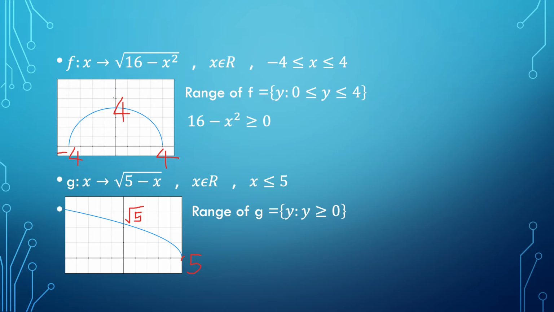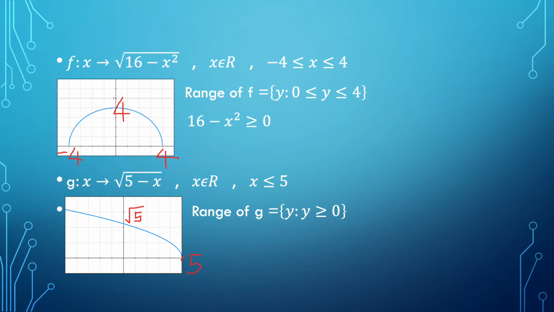The expression 16 minus x squared must be greater than or equal to 0. From this condition, for the function f to be defined, we can obtain the domain of the function f. So from the given information, the domain for the function f is x greater than or equal to -4 and less than or equal to 4.